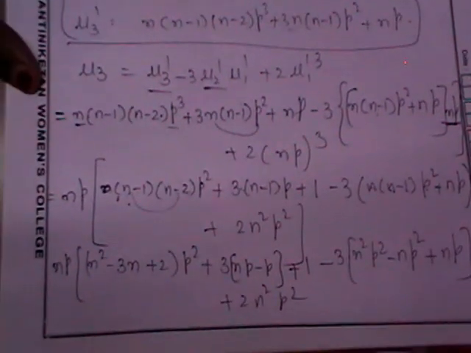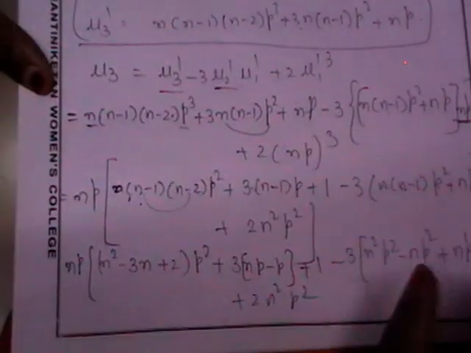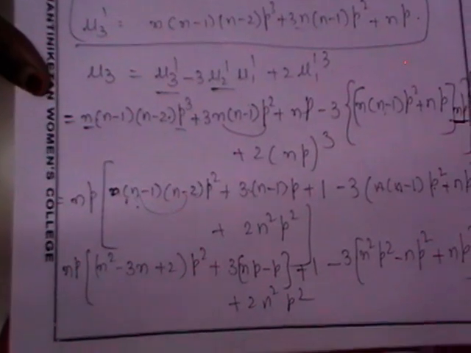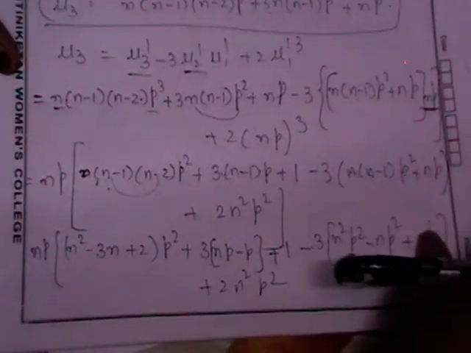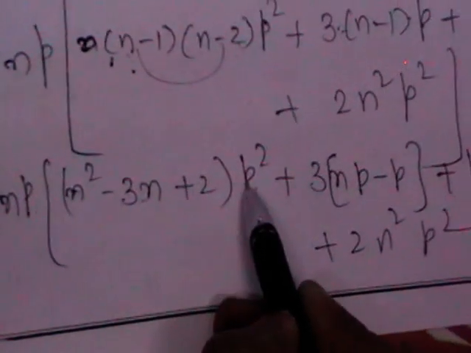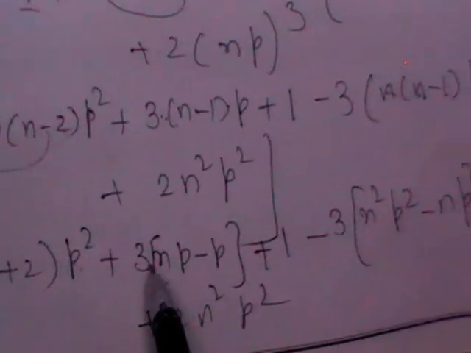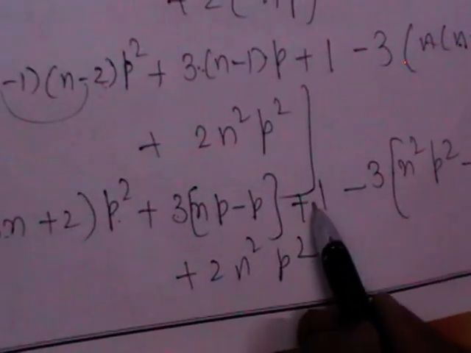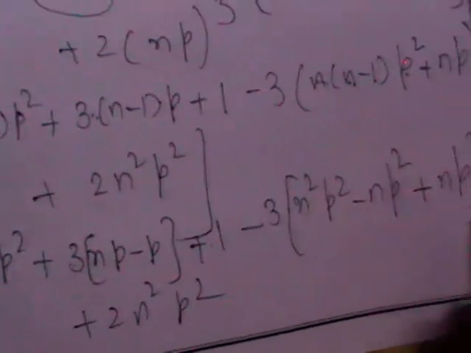Okay, you do it from here. Anyway, I will continue, but better you practice it, then only you can get the simplified expression. So we took np common. The previous we have n square. If you multiply these two, you will get n square p square, 3n square p, 2np. Similarly, 3np minus 3p plus 1. 3 is to be multiplied for all these terms.